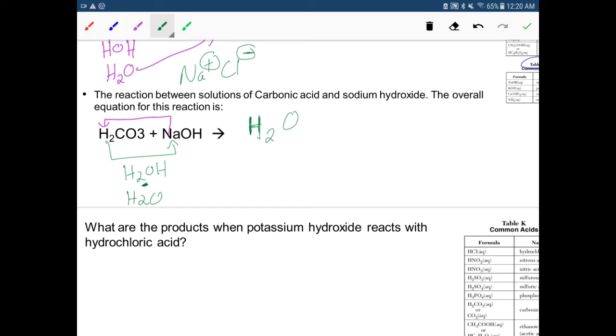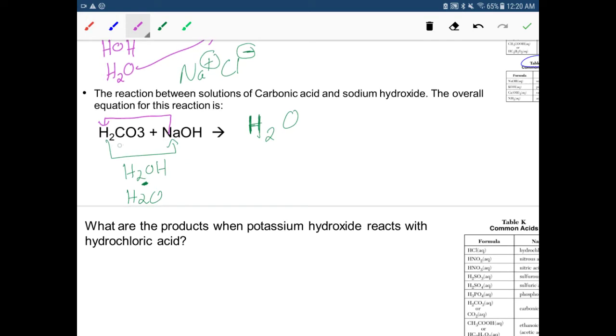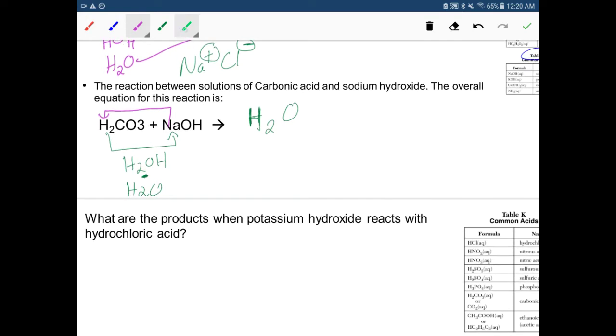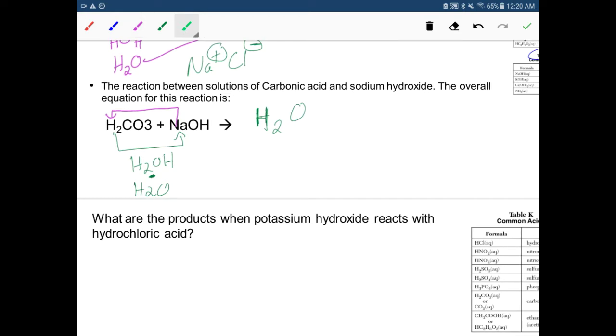Okay, so now let's go to the next product that will be formed, which is when Na replaces H2, right? So remember that, so let's look at this reactant here. This reactant here has 3 different elements from chemistry 1, from last term.